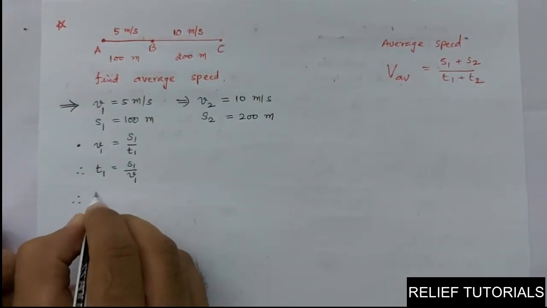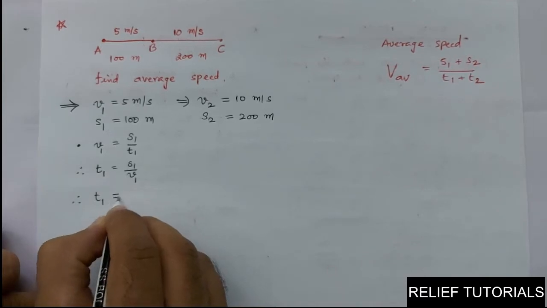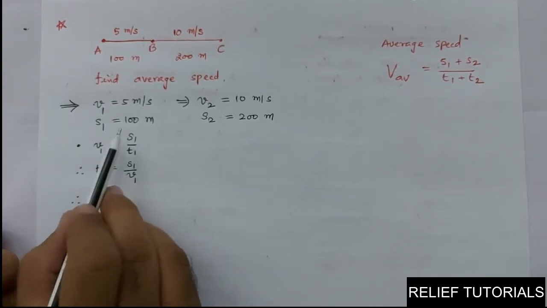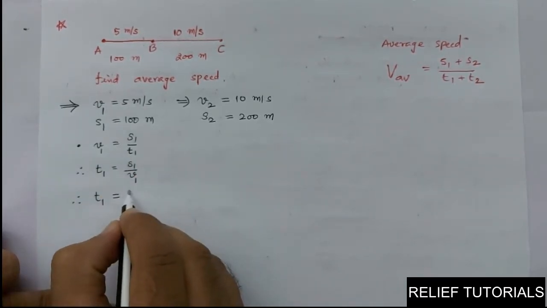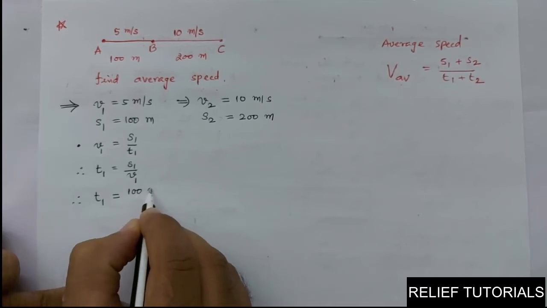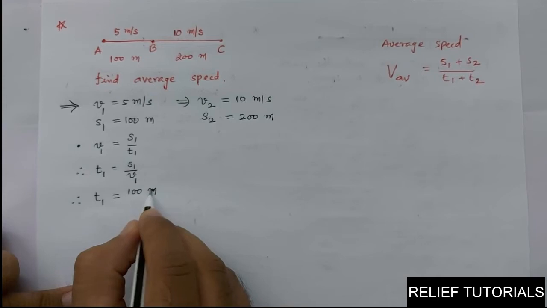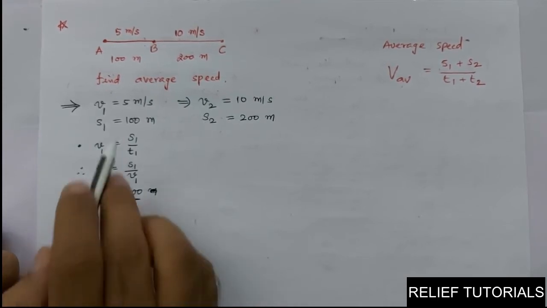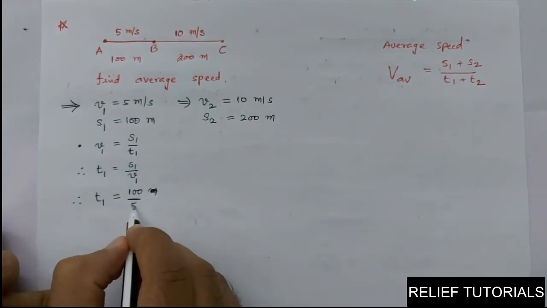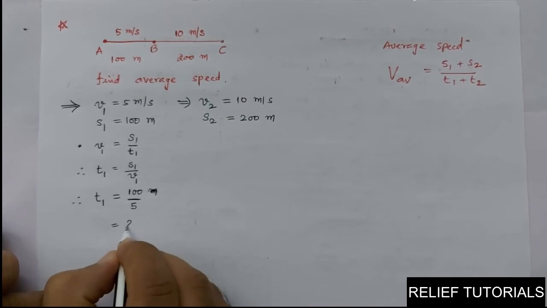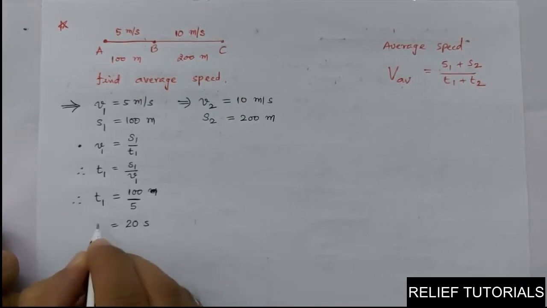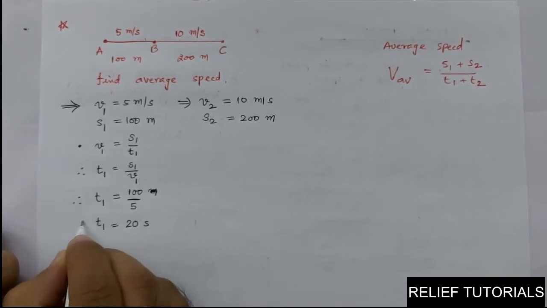Put the values. S1 is 100 meter, V1 is 5. So 100 upon 5 is 20 seconds. So T1 is 20 seconds.